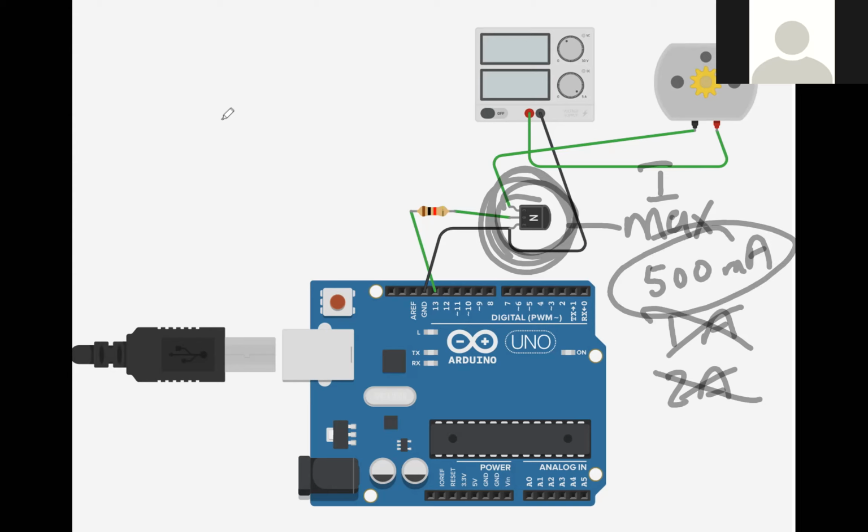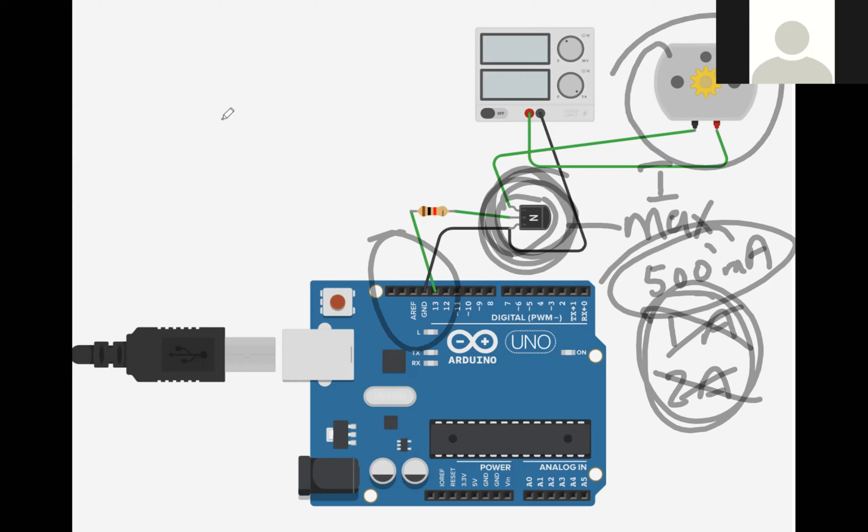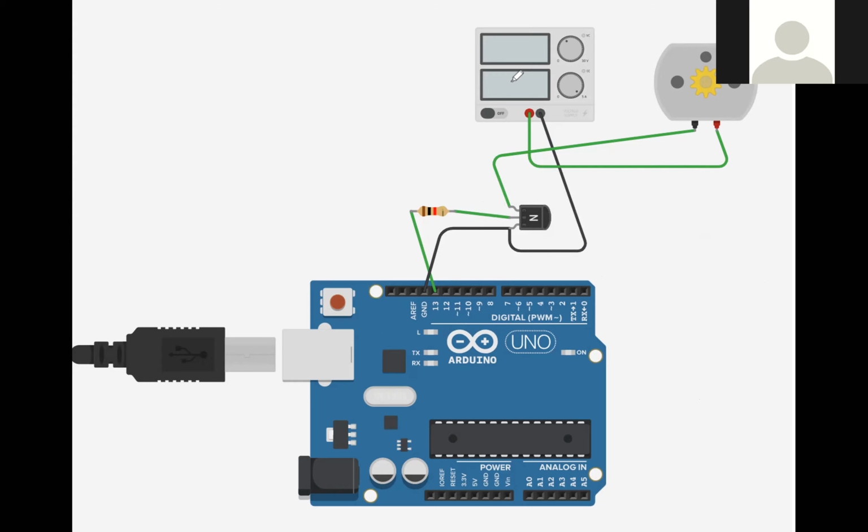Even 500 milliamps is a little bit iffy. What you need to do is look on the data sheet. When you buy a transistor, it'll have a number that you can look up on Google, and it'll tell you the maximum current. The maximum current for this transistor is definitely greater than the maximum current on the Arduino, but it might not be enough to run a full 12-volt motor. So be careful about that.